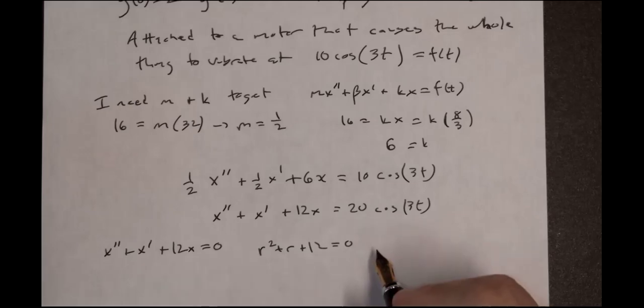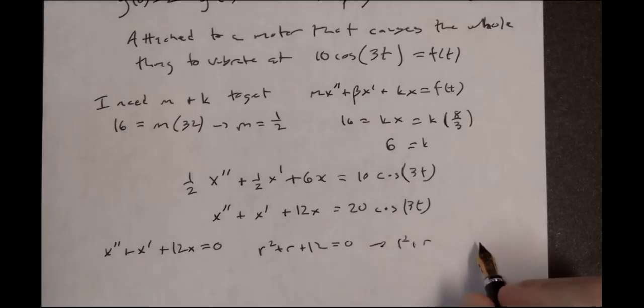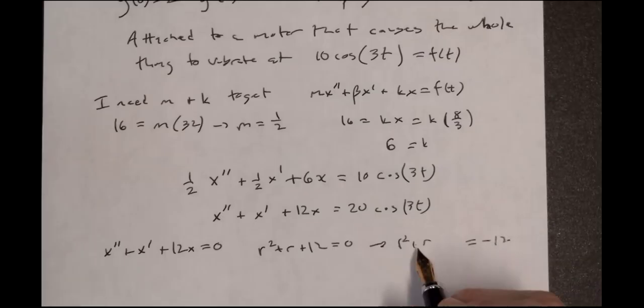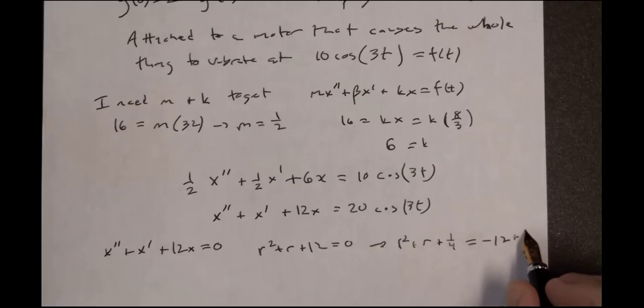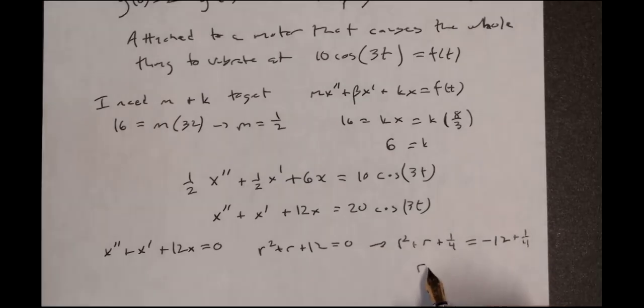So I'm going to write r squared plus r equals negative 12. Half the middle term, half of 1 is 1/2. 1/2 squared is 1/4. So I get r plus 1/2 squared equals, common denominator will be 48 over 4, so negative 47 over 4.